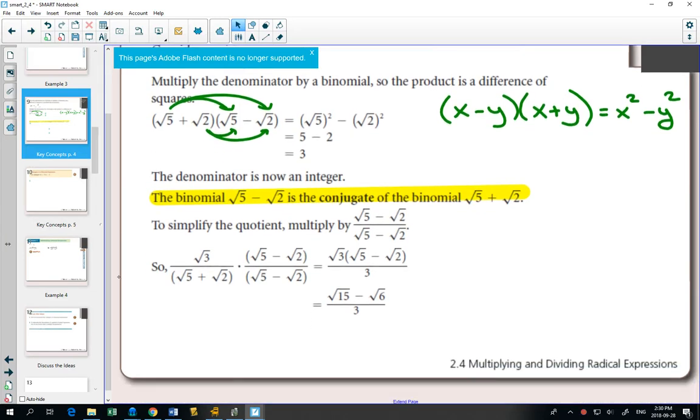So the idea is, if the bottom of our fraction has a binomial with two square roots in it, and we now know that for simplifying radicals, we can have no radicals in our denominator, we're going to have to multiply by the conjugate.